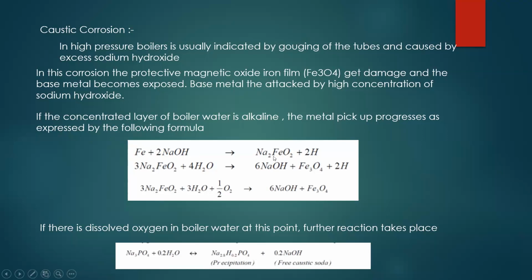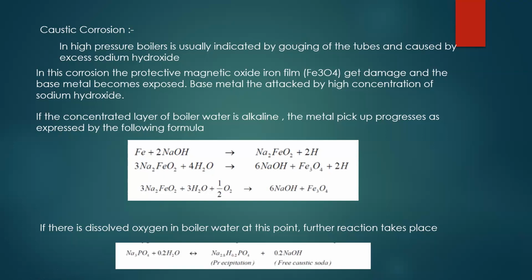Now this Na2FeO2 is going to react with water. It will again form sodium hydroxide, 6NaOH, and this is corrosion, Fe3O4. Sodium hydroxide plus iron oxide.